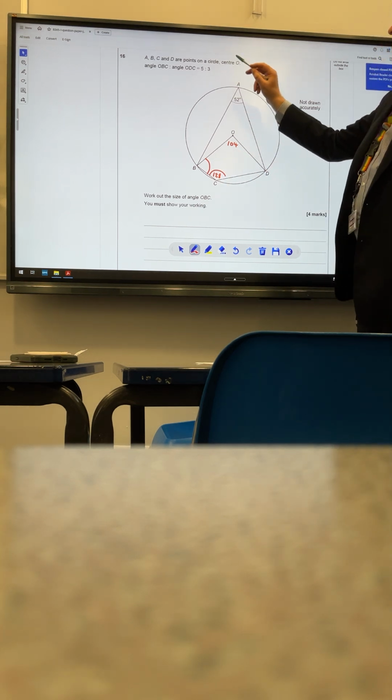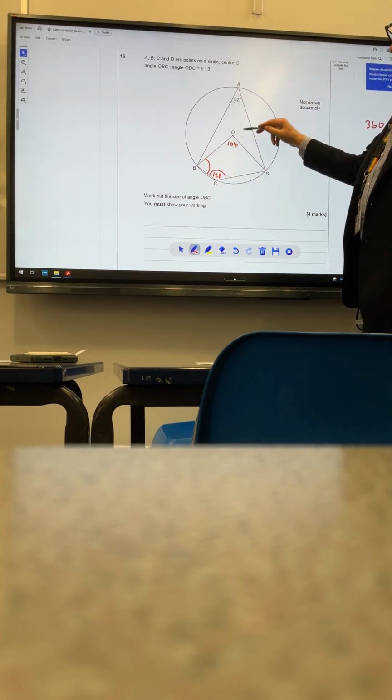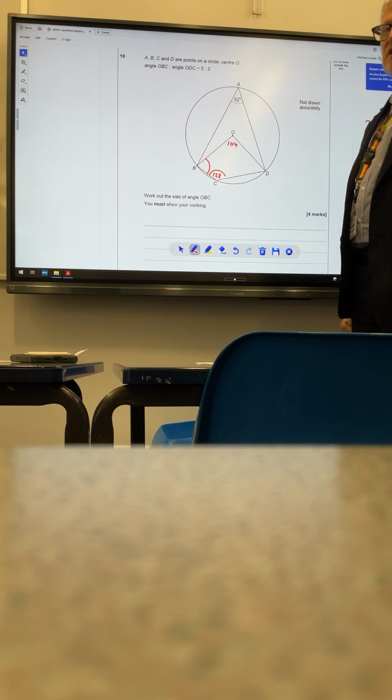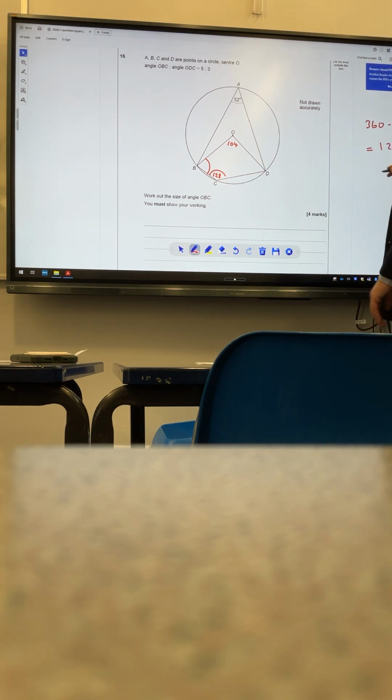Is that right? Yes. Now, there's 128 between those two, and we know OBC and ODC is in the ratio 5 to 3. So we take 128 and divide it by 8, because 5 to 3 gives us 16. And we want OBC, which is the 5 bits, is 5 16ths, which is 80.